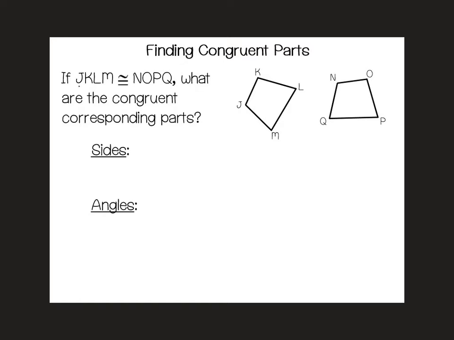So starting off, side JK and NO would be congruent. And we can highlight those the same color just to help us know which sides we've already done. So JK, NO.